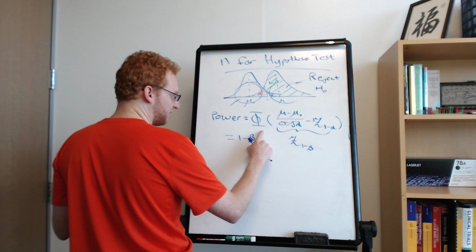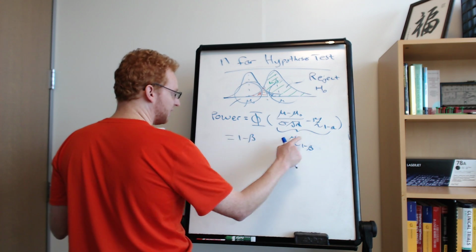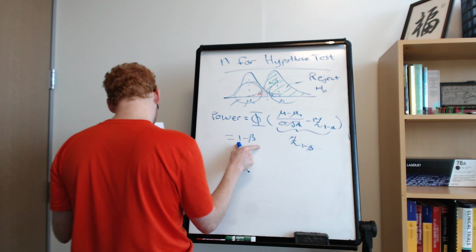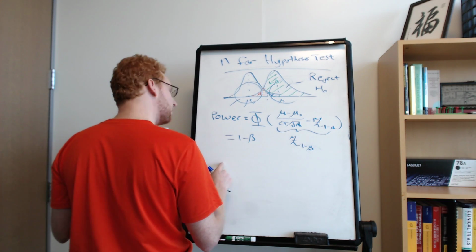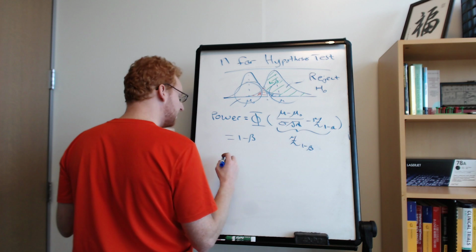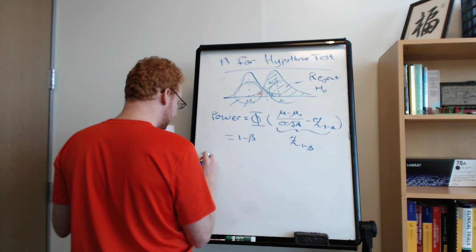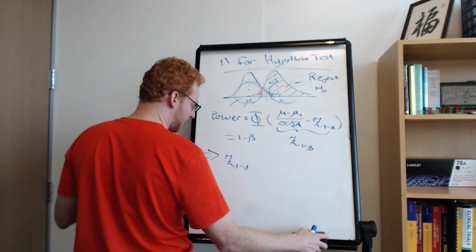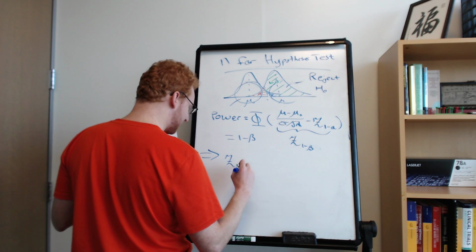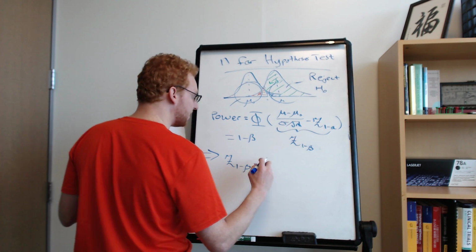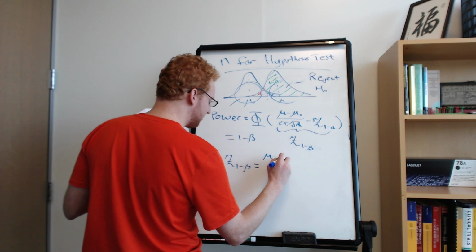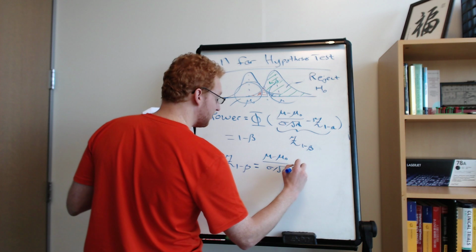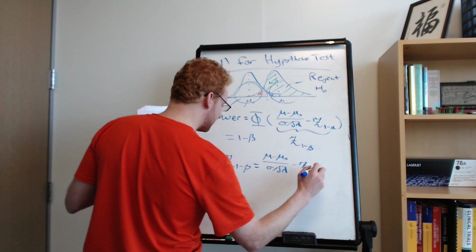So if we take the inverse phi of both sides, that would give us z of 1 minus beta is equal to phi inverse of 1 minus beta, which is equal to this stuff. So taking the inverse yields z of 1 minus beta is equal to mu minus mu naught over sigma divided by root n minus z of 1 minus alpha.